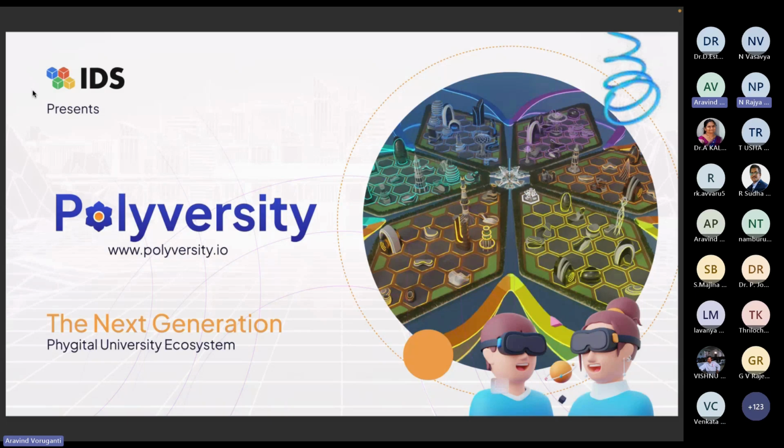There are some cross university or inter college activities, but still of very low quantum. We want to create an ecosystem with one platform where all these universities and their students can seamlessly interact with each other. That is what Polyversity is all about.